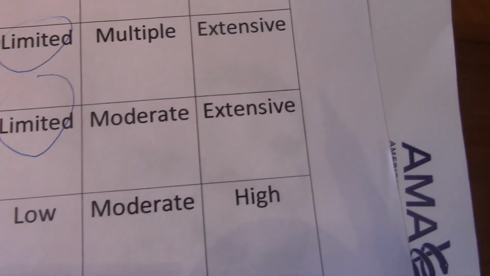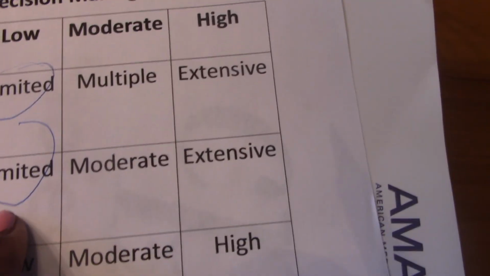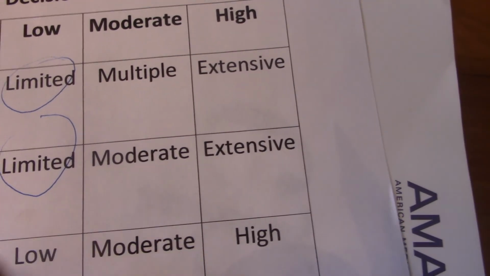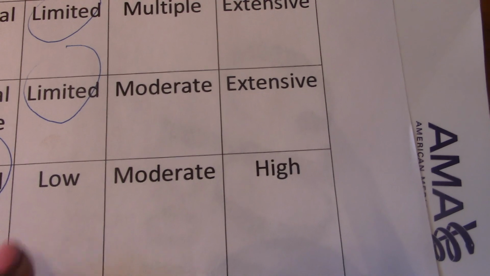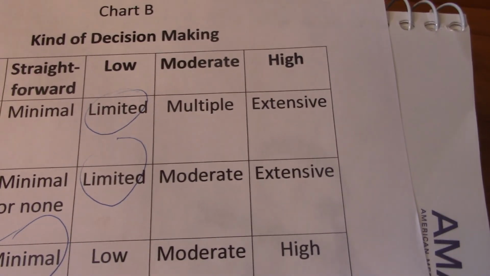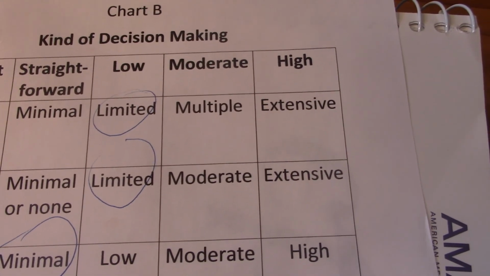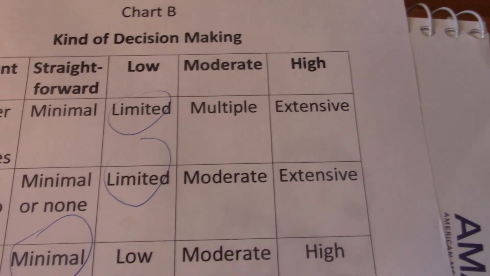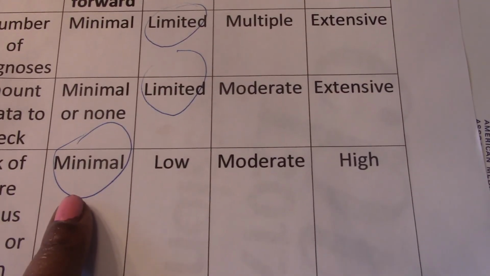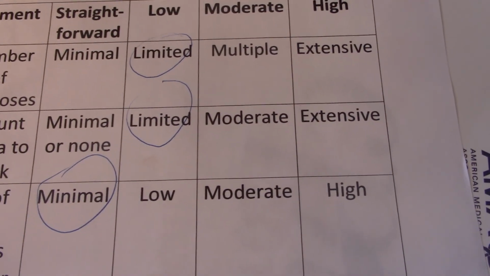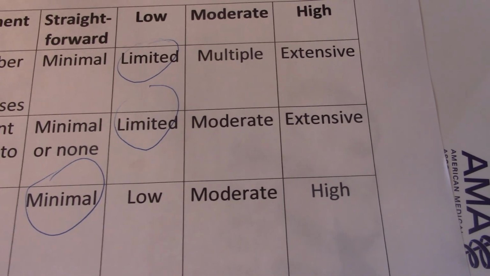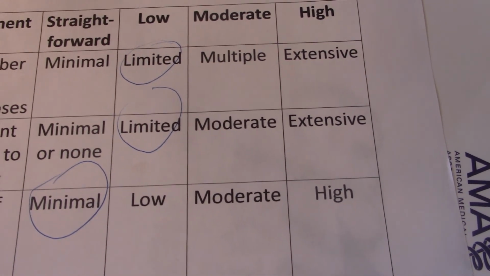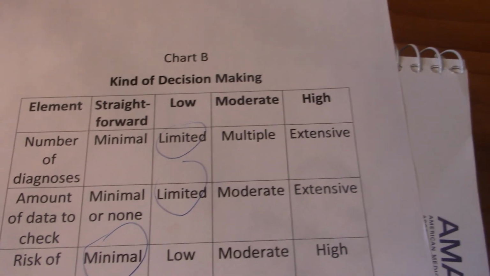So from the chart, you can see that your physician met 2 elements needed for the low complexity decision making and has not met the level of risk complication category because we came in at minimal risk, remember? The rules say that 2 of 3 elements must be met or exceeded in order to qualify for a particular decision-making level.